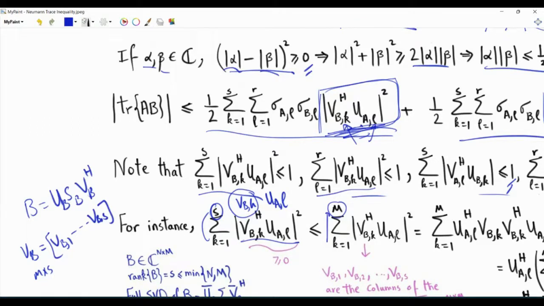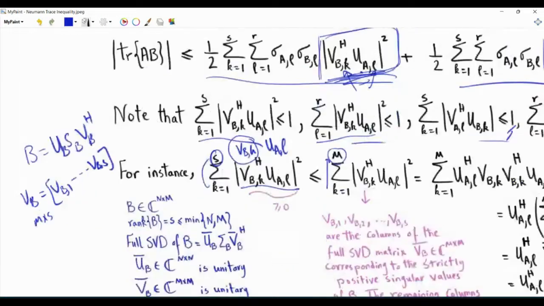Those are vectors taken from the full SVD of matrix B, because matrix B also can be written as a unitary matrix UB bar, and this is an n by n matrix. It's unitary, so its inverse is its Hermitian. So UB bar times UB bar Hermitian is the same as UB bar Hermitian times UB bar, and both products are equal to identity of size n by n.